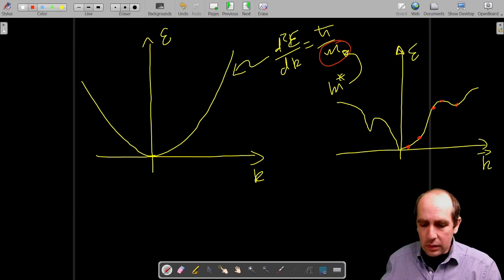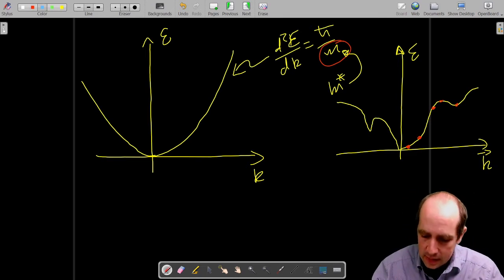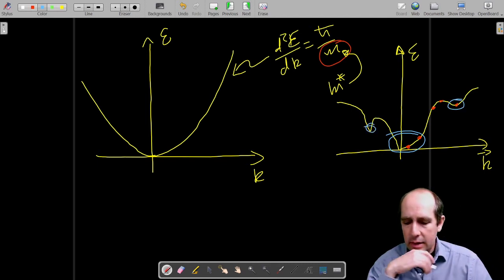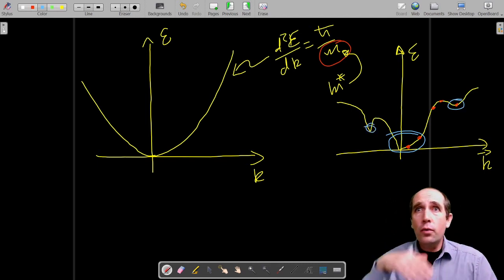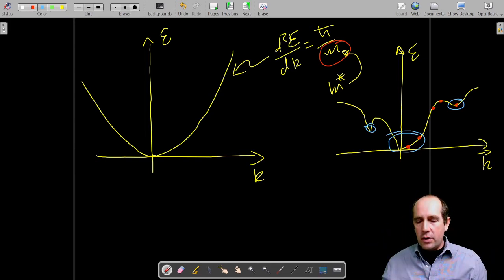However, in real crystals, in real band structures like the one up here, electrons tend to feel the states close to what we call the valleys, which are the minima of this curve.